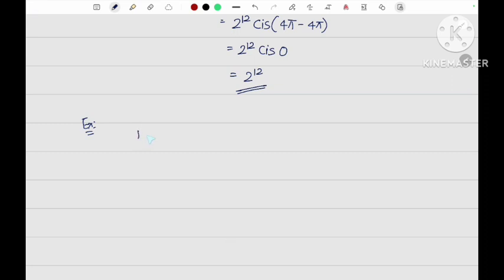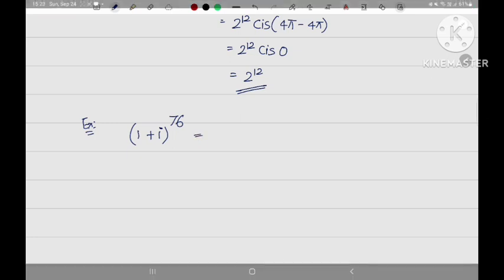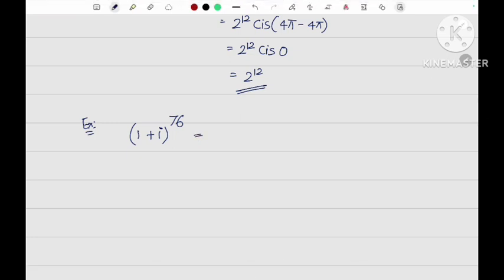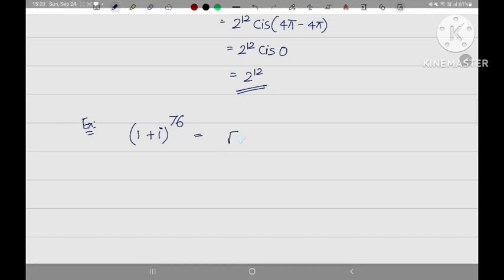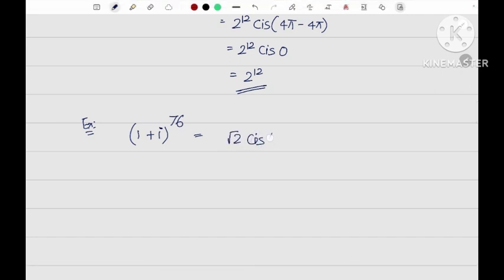Next example is 1 plus i to the power, let us say, I want to solve 1 plus i to the power, let us take 76. Okay, so this will become root 2 cis pi by 4 to the power 76.